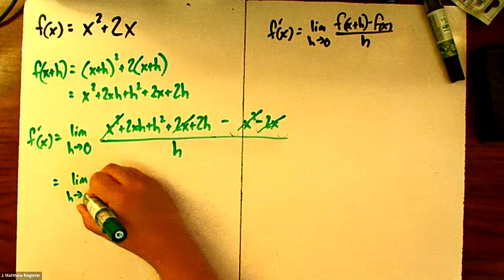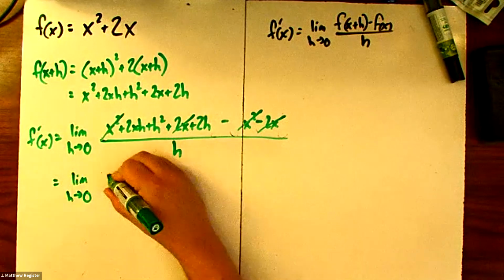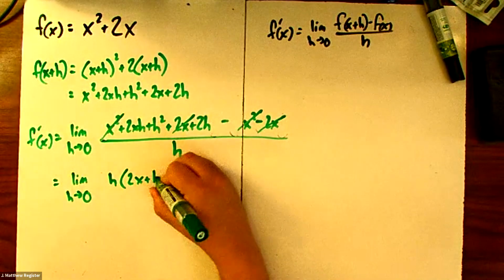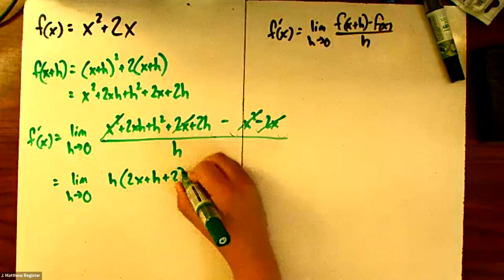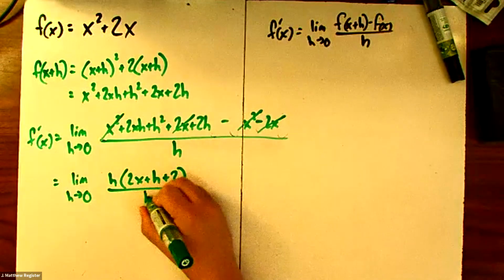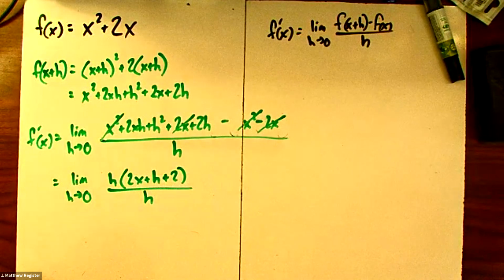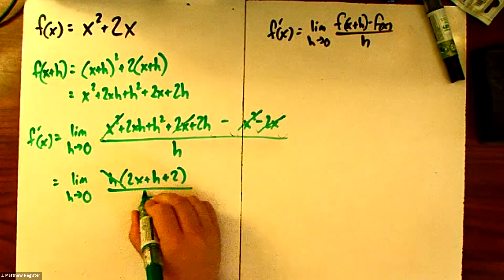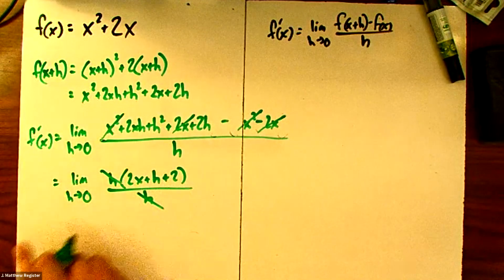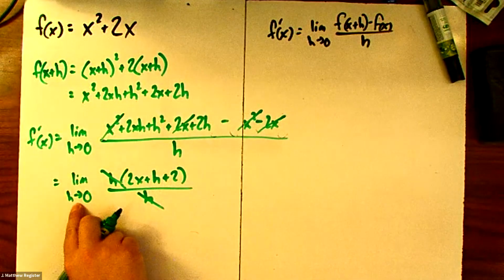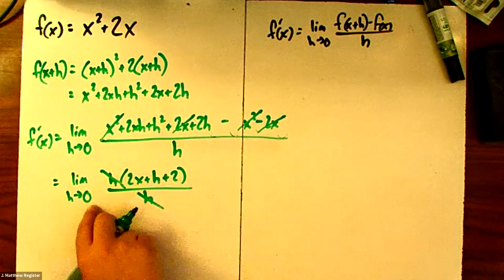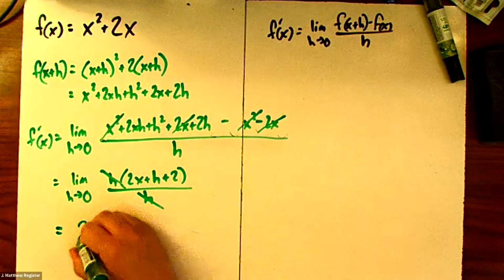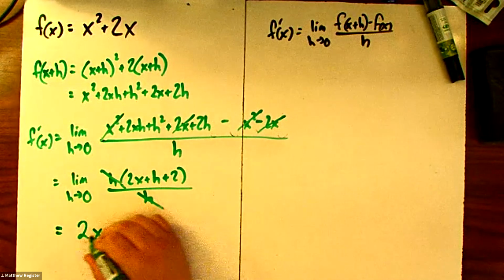So we get limit as h goes to 0 of h times 2x plus h plus 2, over h. Well, now our h's can cancel. And then if we take the limit as h goes to 0, we'll be replacing this h with a 0. And so we end up getting 2x plus 2.